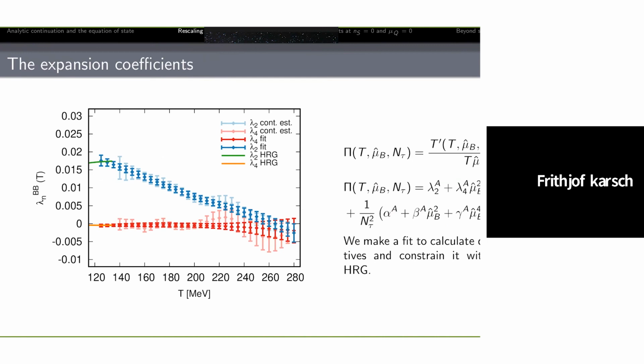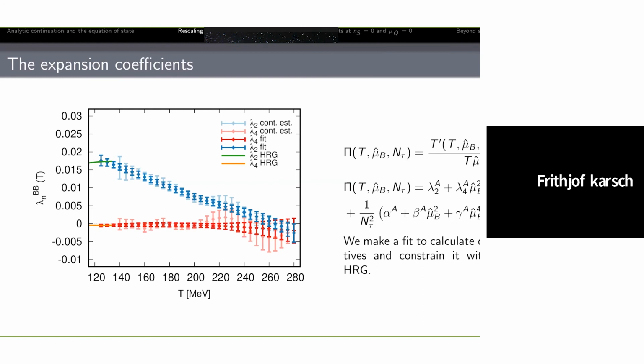Well, my question would be, this 6th order is maybe not the same as in the Taylor series that you use for extrapolation. But if the Taylor series has a certain radius of convergence, what would be the radius of convergence of this rescaled scheme?